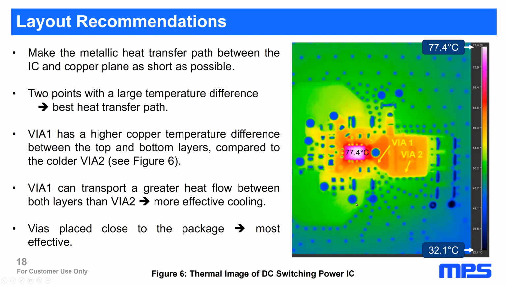Another good method is here, you see this green here, it's a polygon, it's the V-in. The V-in is the stable input voltage. And this stable input voltage polygon can also be used as a heatsink. So in this circuit here, we now have 3 dominant heatsinks.